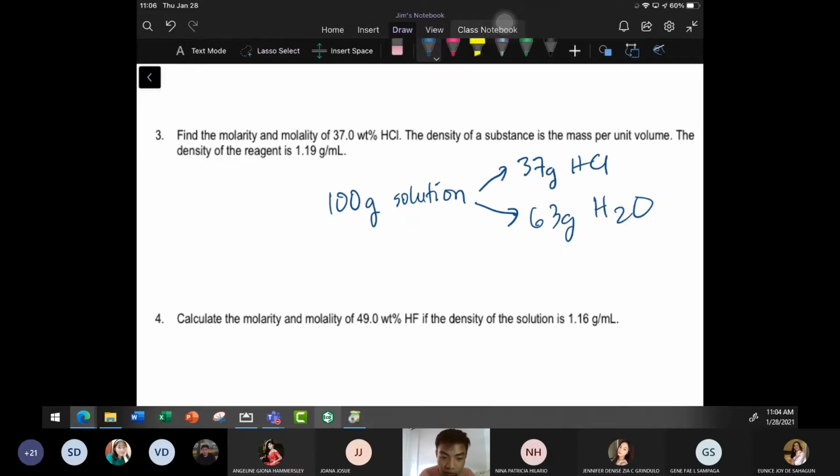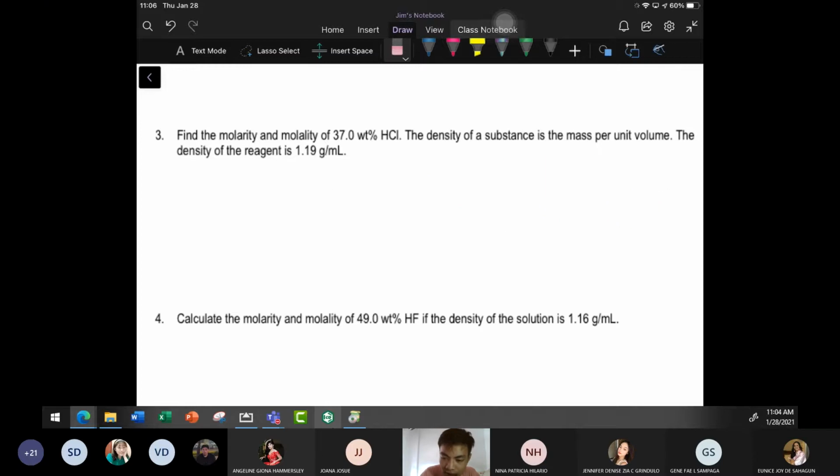So since we assume that the solution is 100 grams, that means HCl is 37 grams sa solution natin. Okay? So, let's set this aside. Sulat ko lang na maayos sa gilid. So, if we have 100 grams solution, that will be 37 grams HCl and 63 grams H2O.